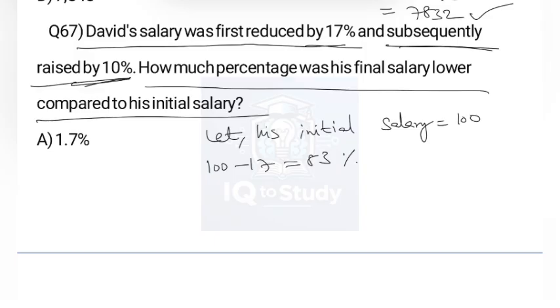It means 83 into 110 by 100, which is equal to 91.3.